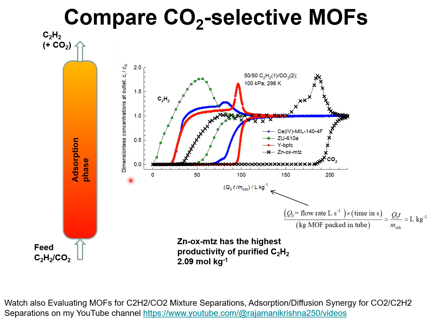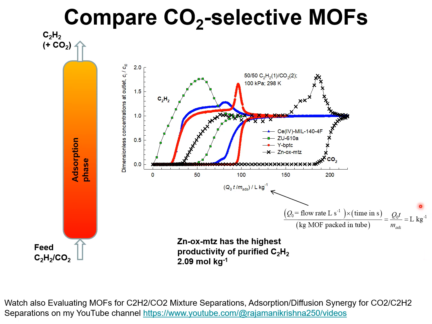The data on transient breakthroughs are compared by using a modified time parameter that consists of a product of the flow rate of the gas mixture at the inlet, say in units of liters per second, times the actual times in seconds divided by the kilogram of MOFs that is packed inside the tube. The units of the x-axis is liters per kilogram.